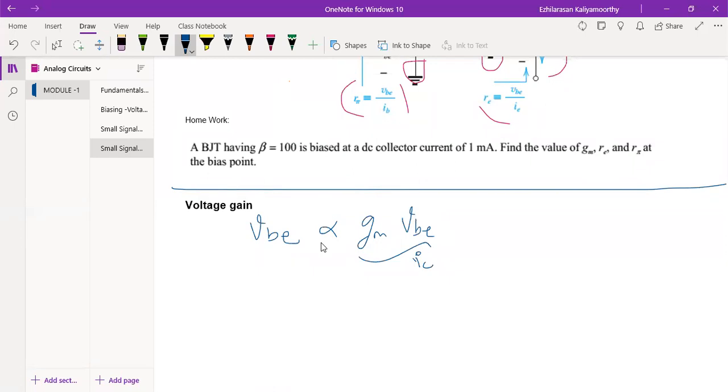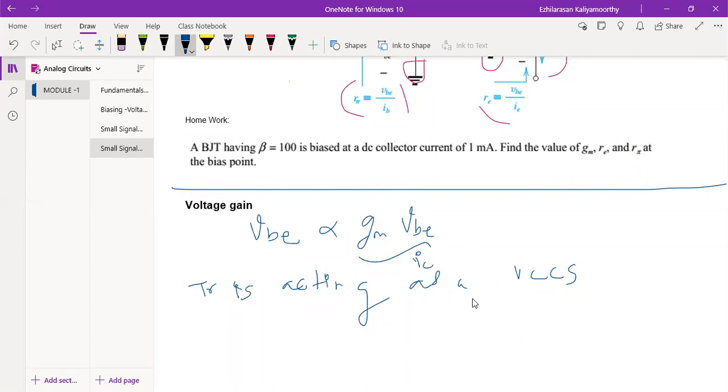Later we'll see the small signal equivalent circuit model and how to draw it. That is one of the very important things. Next you can say the transistor is acting as a voltage controlled current source, because the input is a voltage that is controlling the current, in the small signal.